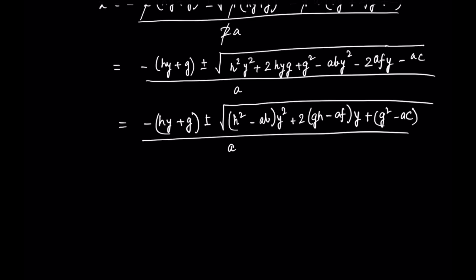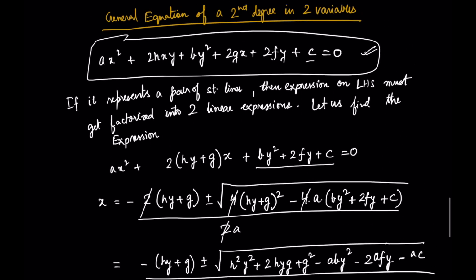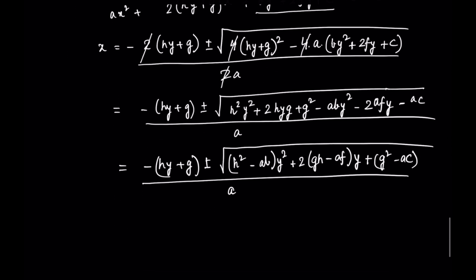Now understand, students, this part: if this is x equals something, if it has to represent a straight line and it has to completely factorize, then this entire part that I am highlighting right now inside the square root must be a perfect square.